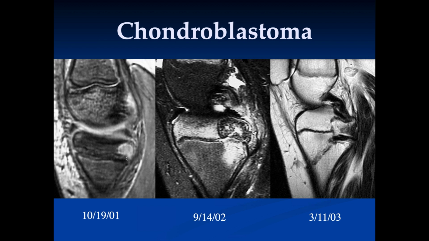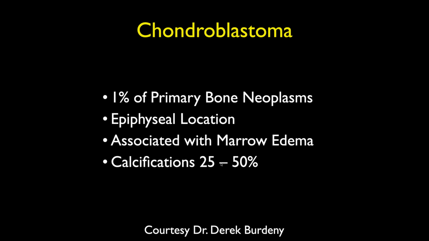So early on, these lesions are kind of bland, like we see here, which is what you like. If you wait later, you start getting calcification and edema within the adjacent metaphysis. That's pretty characteristic. Chondroblastomas are about 1% of primary bone neoplasms. They're always in the epiphyseal location. Later, they develop marrow edema, and up to 50% can be calcified, depending upon what stage you make the diagnosis.